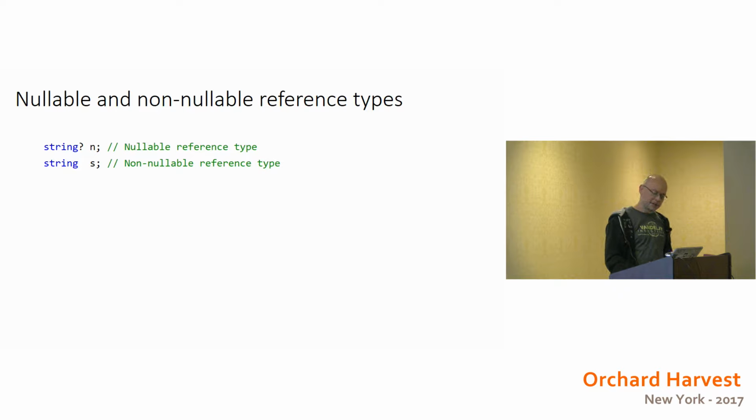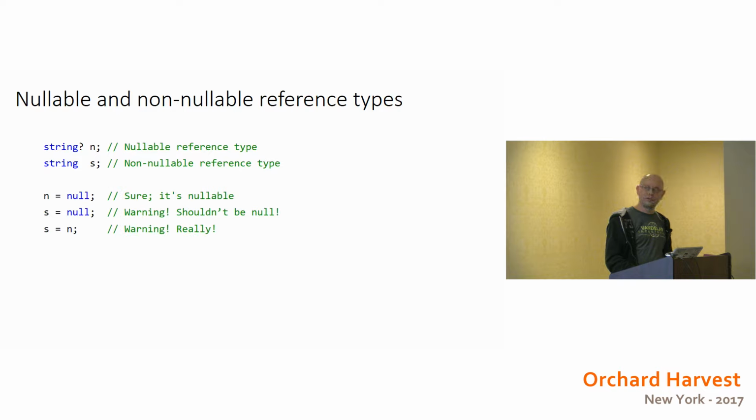So the idea here is to be able to specify those cases where something can be null. The way you do that is that you add that additional question mark, which is symmetrical to the question mark you have on nullable value types.